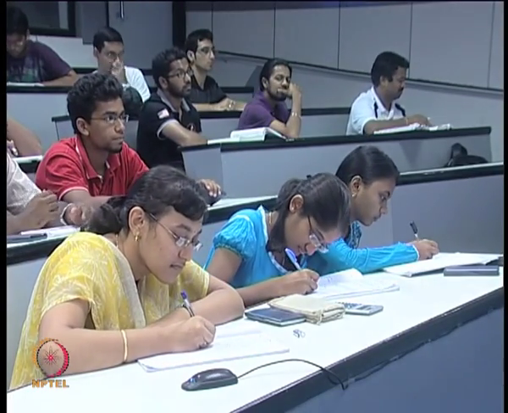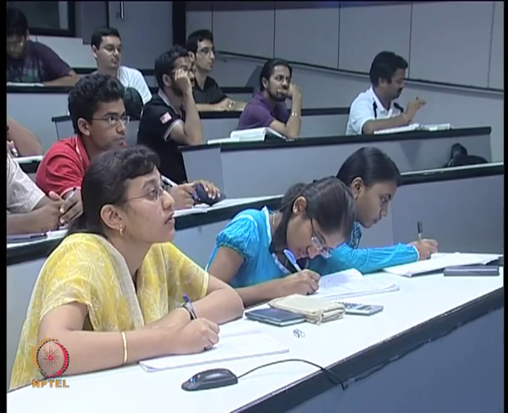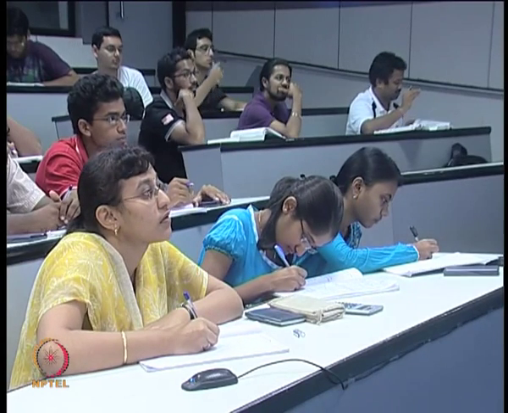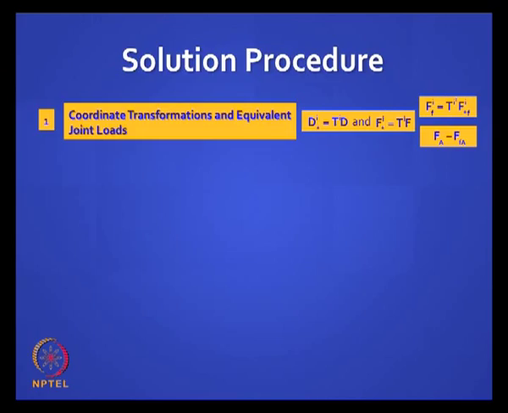And then you should do the transformation. So this is the first step. You should identify the global coordinates, local coordinates, do the transformations and find the equivalent joint loads. All the input should be done, okay. So you need to find out the equivalent joint loads, write down your Ti matrix. You can use a Ti matrix to find your equivalent joint loads. This is the first step.